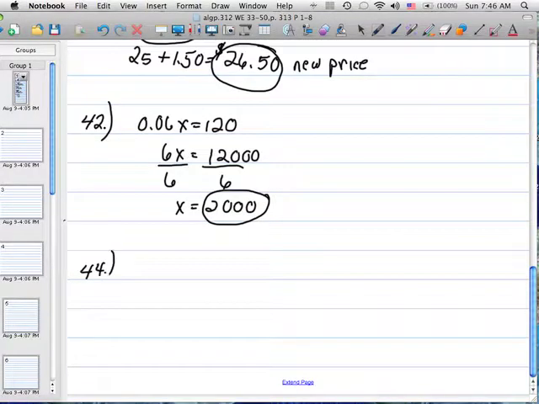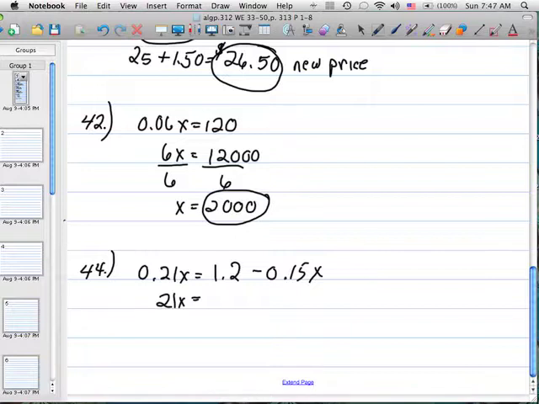Problem 44, we have 0.21x equals 1.2 minus 0.15x. Here we have 2 places after the decimal point, 1 and 2, so we're going to multiply by 100, sliding everything over 2 to eliminate all decimals. So this is going to be 21x.